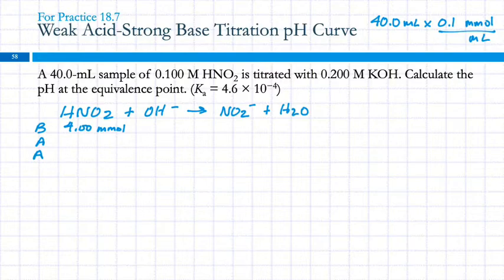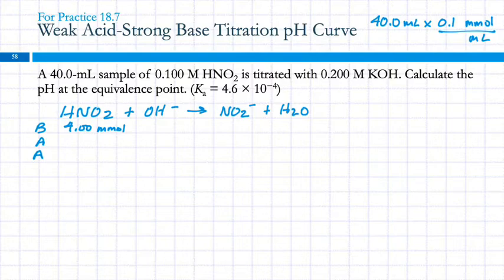So, what's special about the equivalence point? What does equivalence mean? Equal. What's equal? The same. That's what equal means. But what are the two things that are equal here? Moles of acid and base, right?